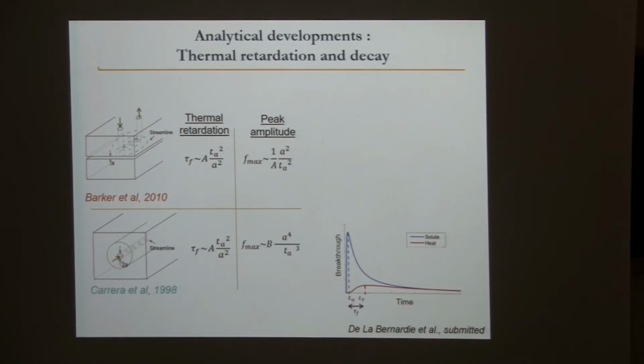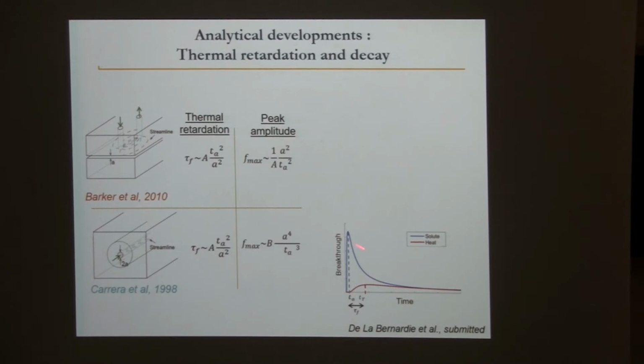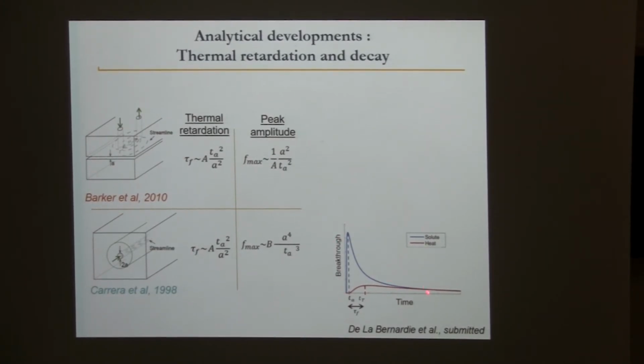We'll not go too much into the detail, but we did in the meantime some analytical development to know how it would typically scale or depend on the parameters, the thermal retardation and the peak amplitude attenuation. Typically, when you have a solute and when you have heat, what you expect is an attenuation of the peak, but also some thermal retardation.